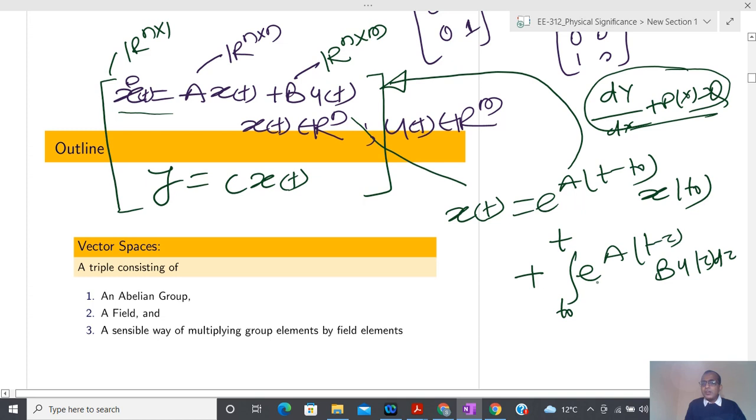Now could you please guess what x(t) is? I have assumed x is an n cross 1 matrix. If I see the solution, what kind of space is this n dimensional space? What is the form of each entry?